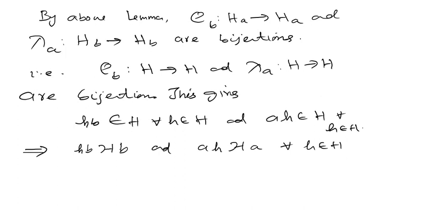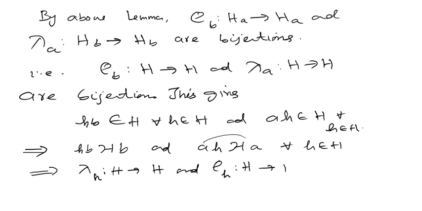So that means it's here the left translation lambda h, sorry, not lambda t, lambda h, from H to H, and here we have rho h on the right side, from H to H. These are bijections.